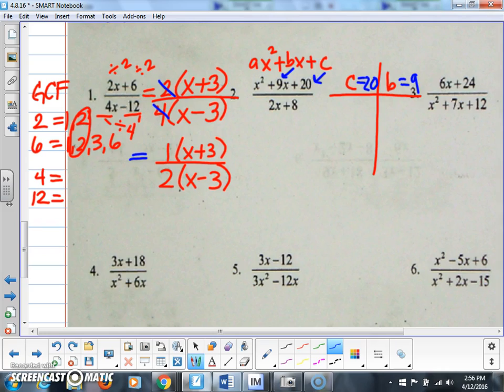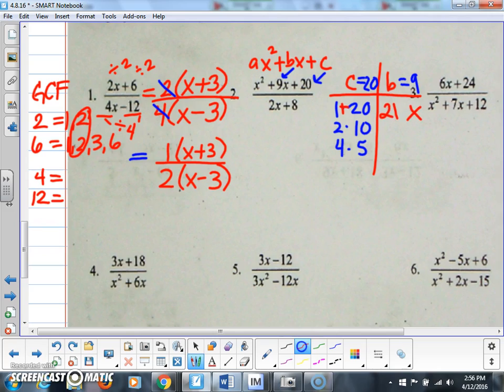Just for presentation's sake, let's start with 1. 1 times 20, 2 times 10, and 4 times 5. If I add these together, what is 20 plus 1? 21. Is that our correct answer?